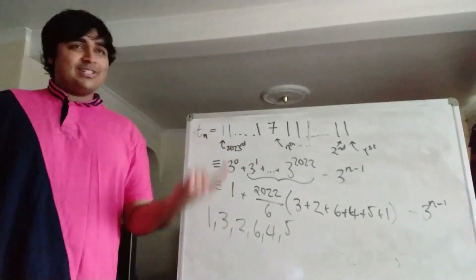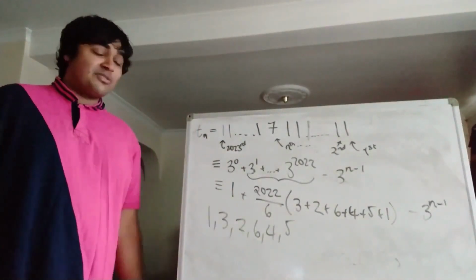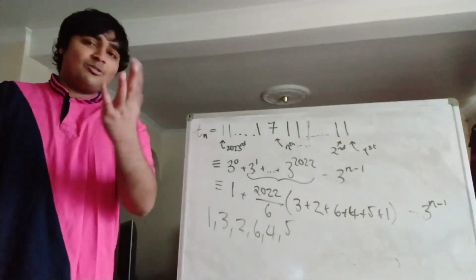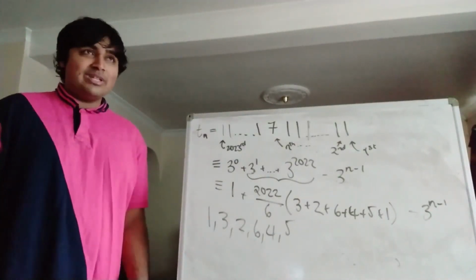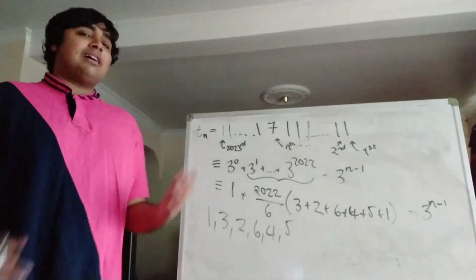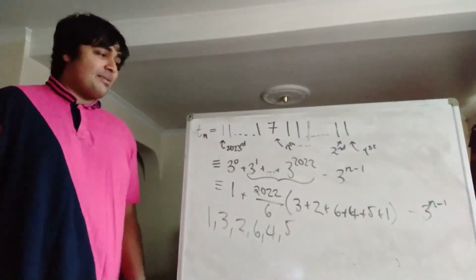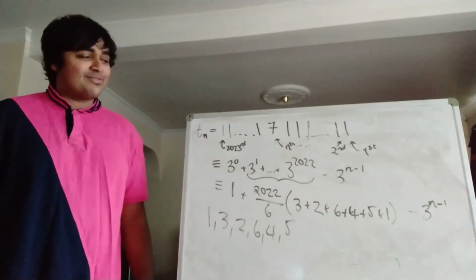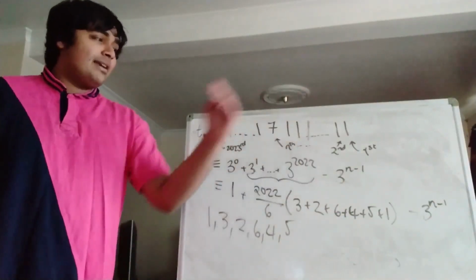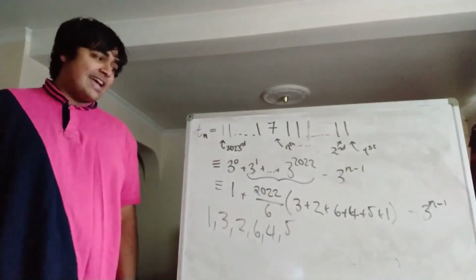So 3 to the 1 plus 3 to the 2 plus 3 to the 3, and so on all the way up to 3 to the 6. That will be one lot. The next one will be 3 to the 7 plus so on all the way up to 3 to the 11, and so on. Each of those groups of 6 sums to this: 3 plus 2 plus 6 plus 4 plus 5 plus 1, and then of course you've got this minus 3 to the n minus 1 at the end.